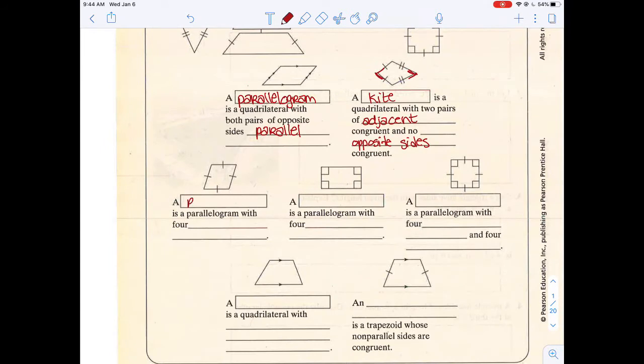There's a rhombus, and that is a parallelogram with four congruent sides. A rectangle is a parallelogram with four right angles.